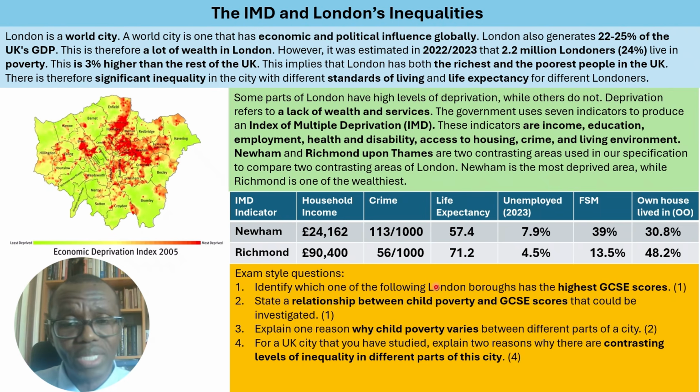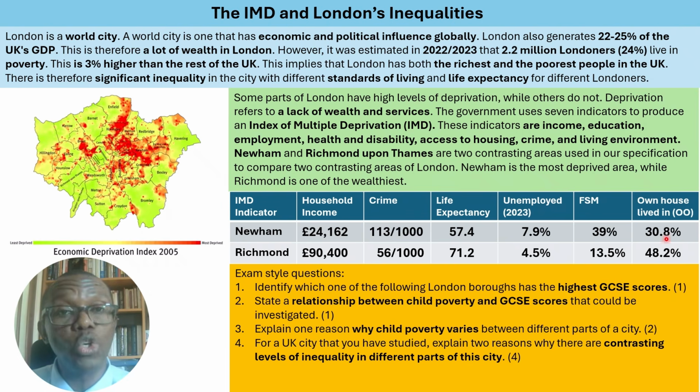Then life expectancy. The average life expectancy in Richmond is 71.2, and then in Newham it's 57.4, which is quite a drastic difference. Then we have unemployment, and this was in 2023, so 7.9% unemployed in Newham and 4.5% unemployed in Richmond.